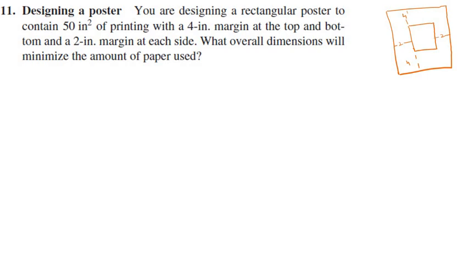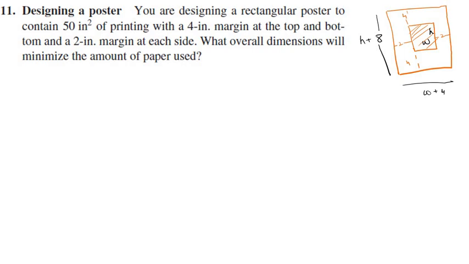So if we take the printable area width as W and height as H, then this width would be W plus 4, and this length would be H plus 8.